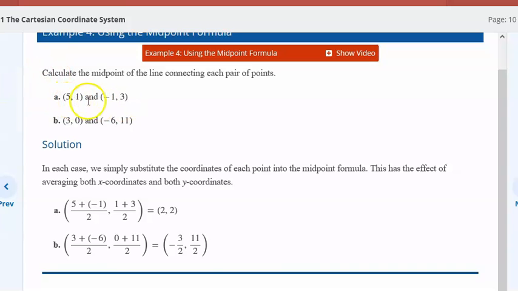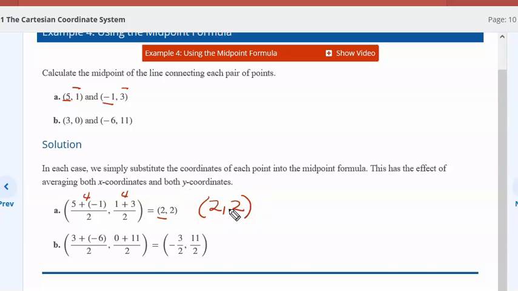So there's your 2 ordered pairs. You're going to take the two x values, the 5 and a -1, add them up. Here we end up with a 4 over 2, which is 2. Then a 1 and a 3 add up to 4 over 2. And we get the ordered pair 2, 2.